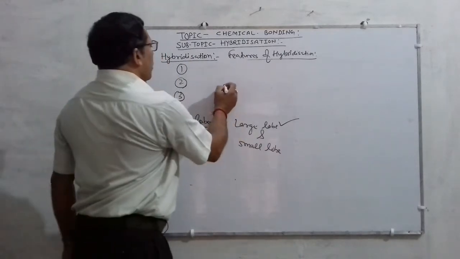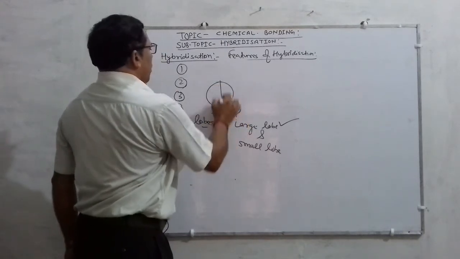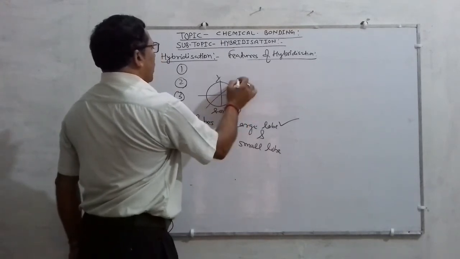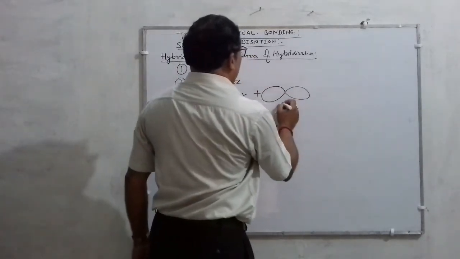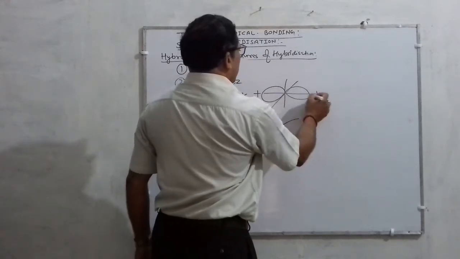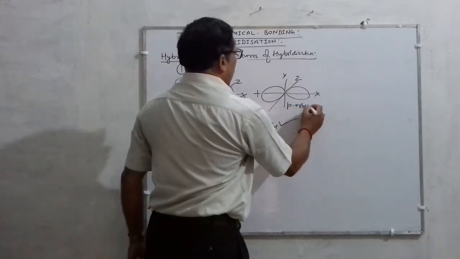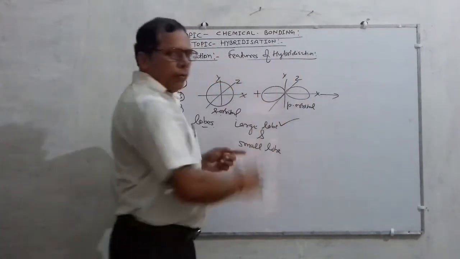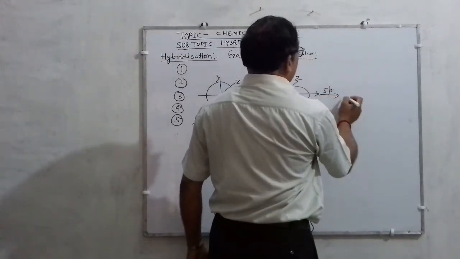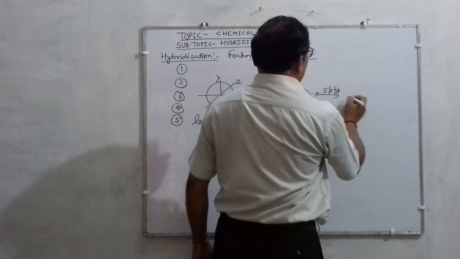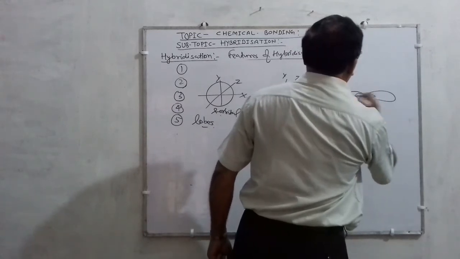For example, suppose this is your s orbital. Make the axes, x axis, y axis, z axis, and it is going to combine with a p orbital. When s and p orbitals get mixed, what happens? So sp hybridization will take place, and they result as such.